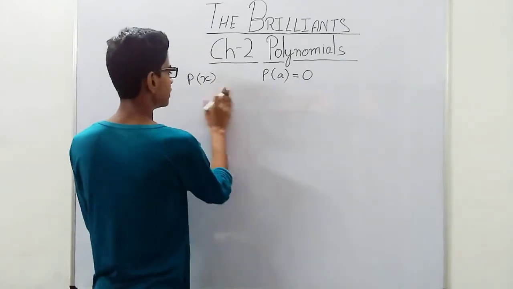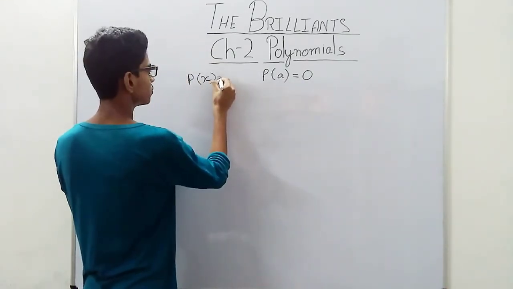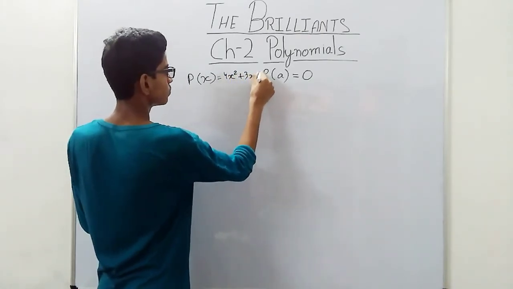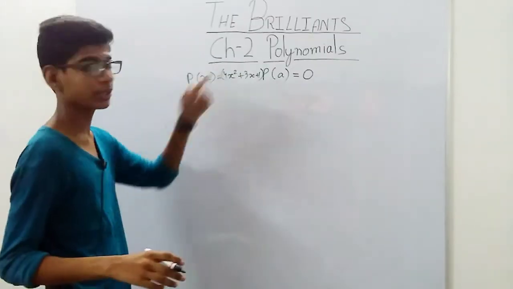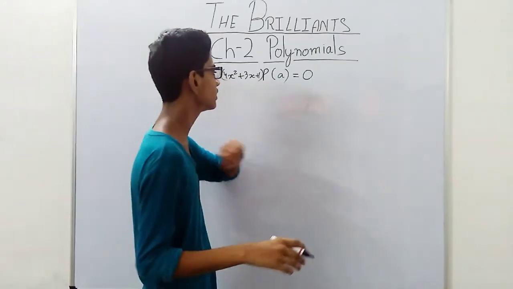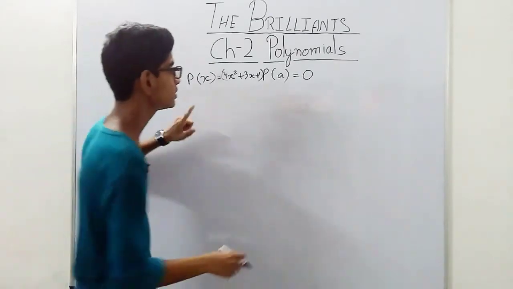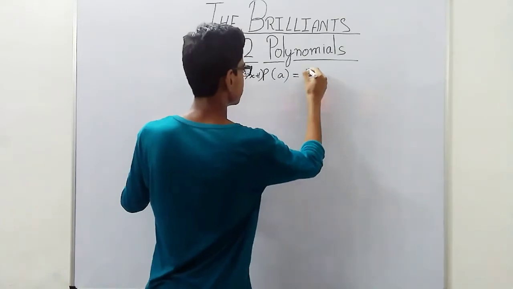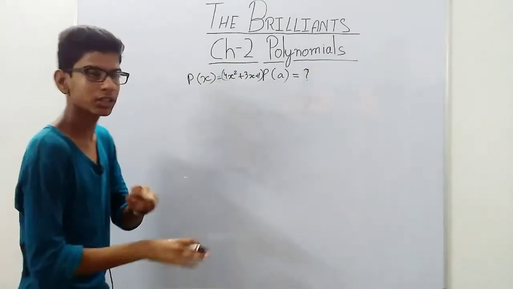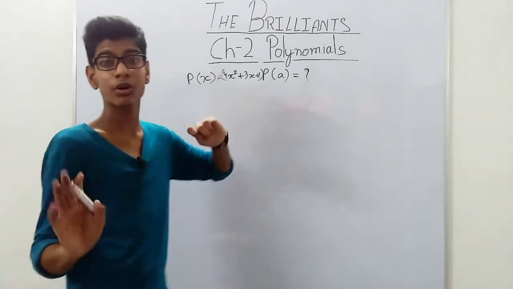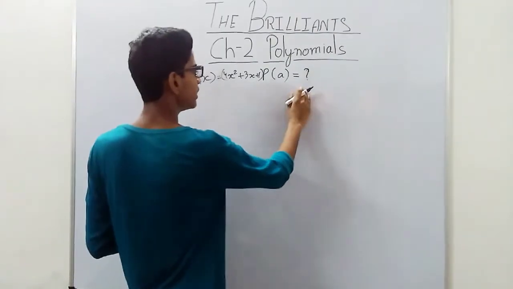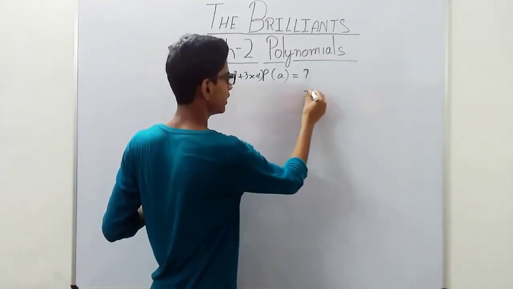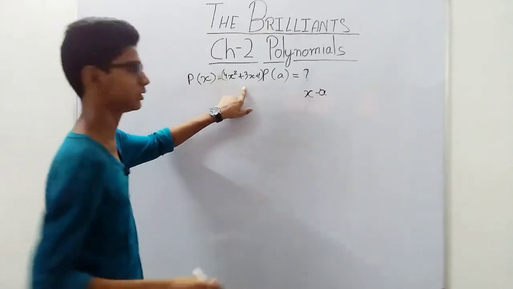If we take the polynomial p(x) is equal to 4x square plus 3x plus 1, and p(a) is something, it can be anything. We don't know whether p(a) is equal to 0 or not, so we cannot prove that x minus a is a factor of this.